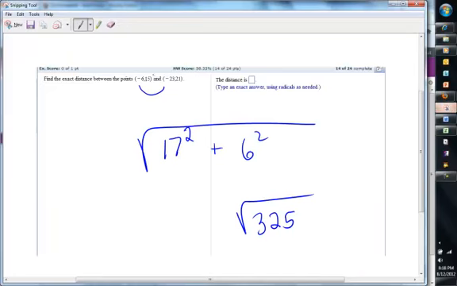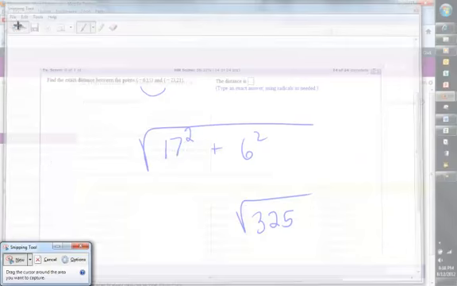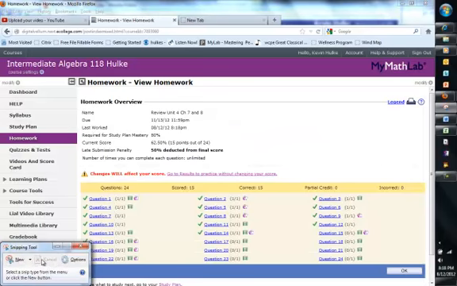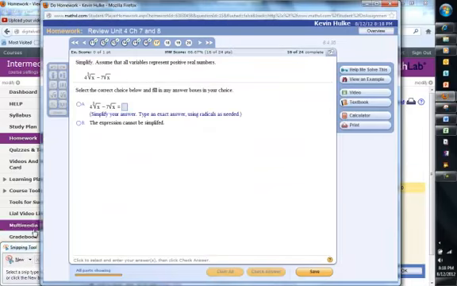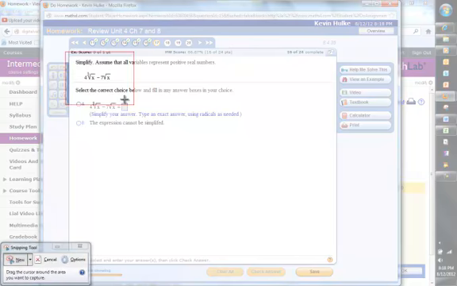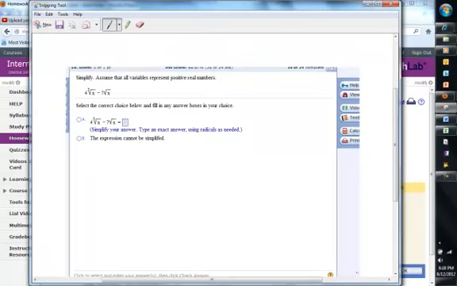Let's see if we can make it so that it has the same radical. Okay, this is 4 times x to the 1/3 minus 7 times x to the 1/2. Yeah, I would say it cannot be simplified.